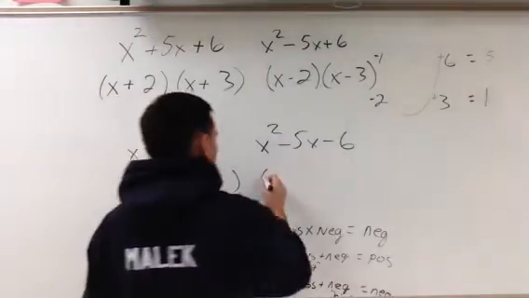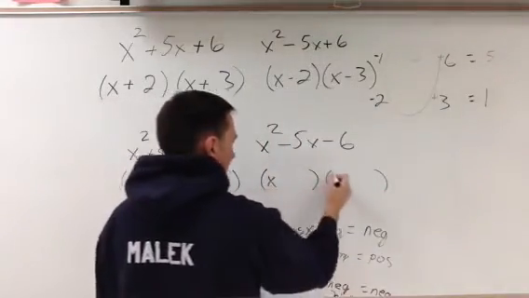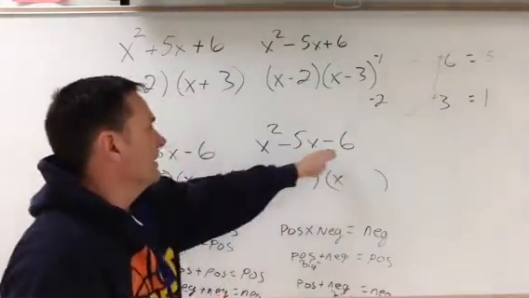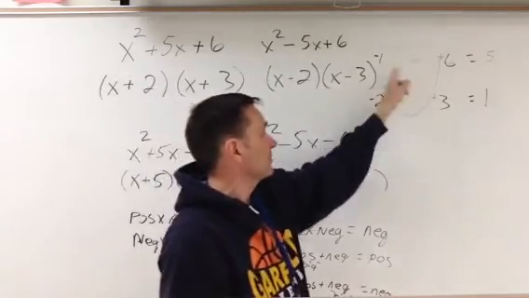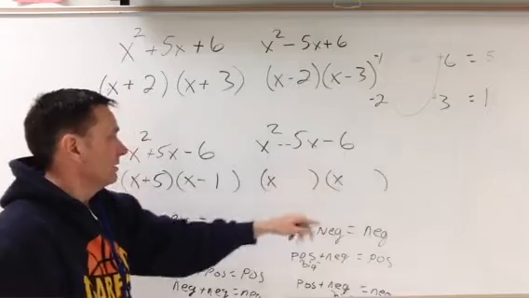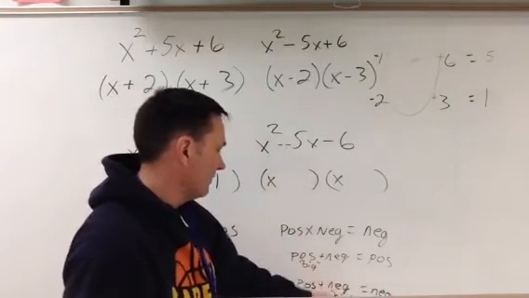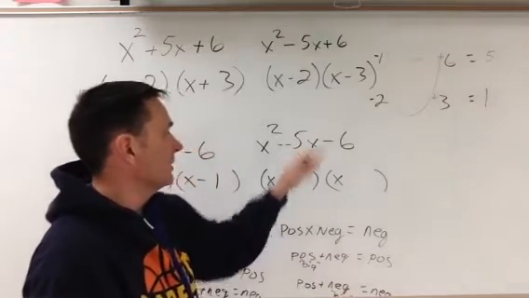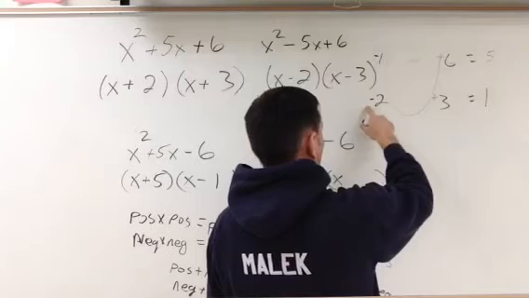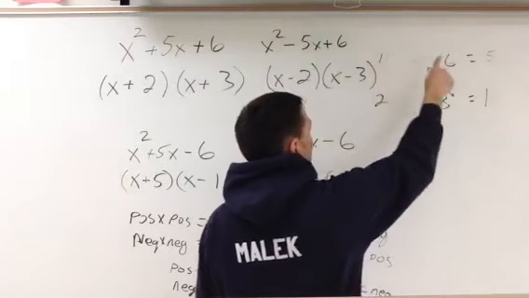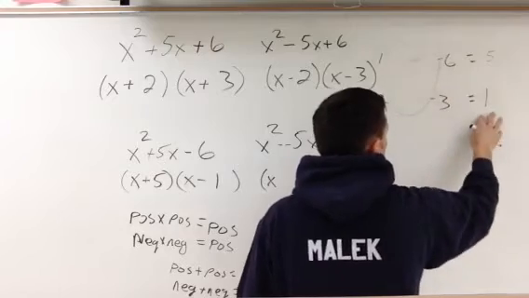Now, the last one, the easy part, the x and the x. But I have a negative 6, so one of my factors needs to be negative. The other one has to be positive. But here, because my middle number is negative, the bigger number is going to be negative this time. So this time the 6 is negative and the 3 is negative.